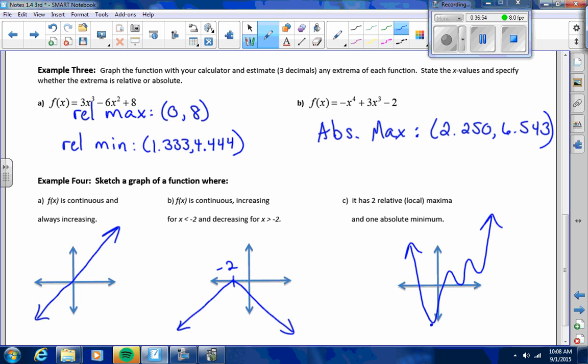So I have 1 absolute minimum, and I have 2 relative maximums. Okay, and I saw in your papers you had a lot of things that were somewhat similar. So it has a whole bunch of peaks and valleys in it. Okay, any questions? Perfect.